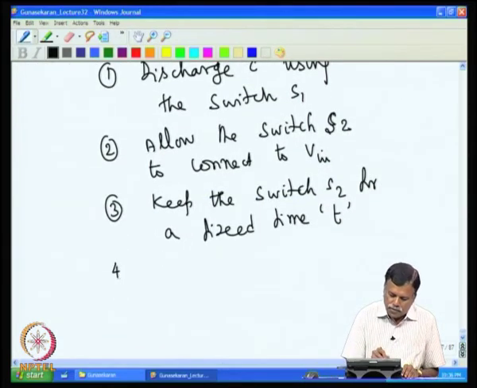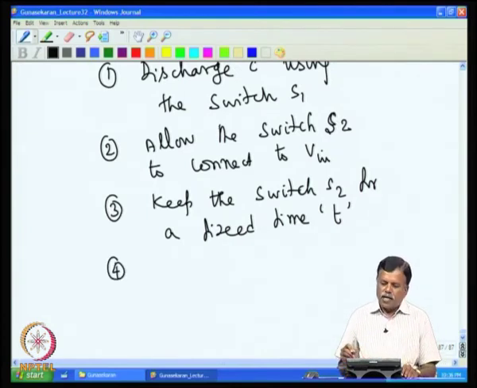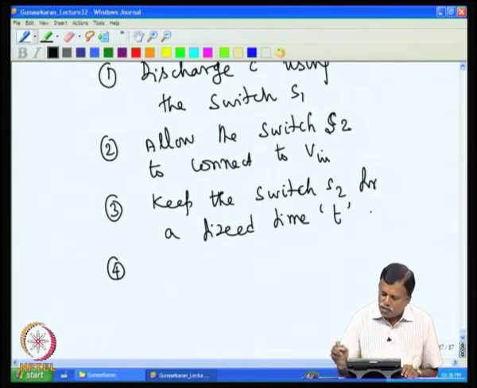Then the fourth step would be, after this time t it would have charged to a certain voltage.